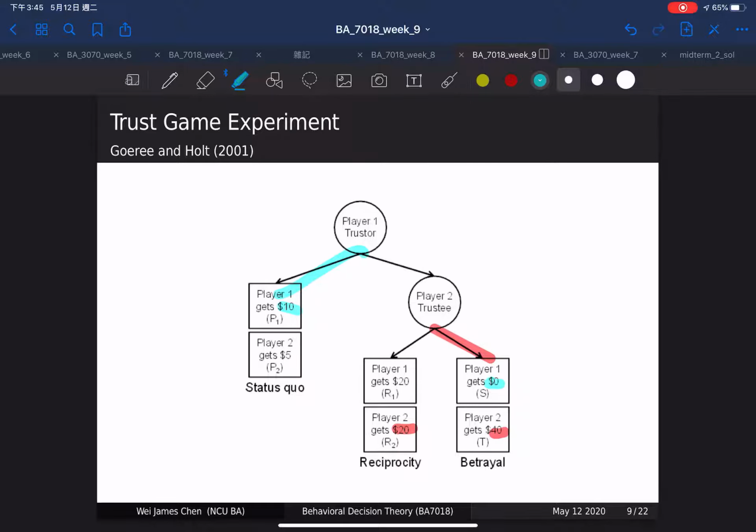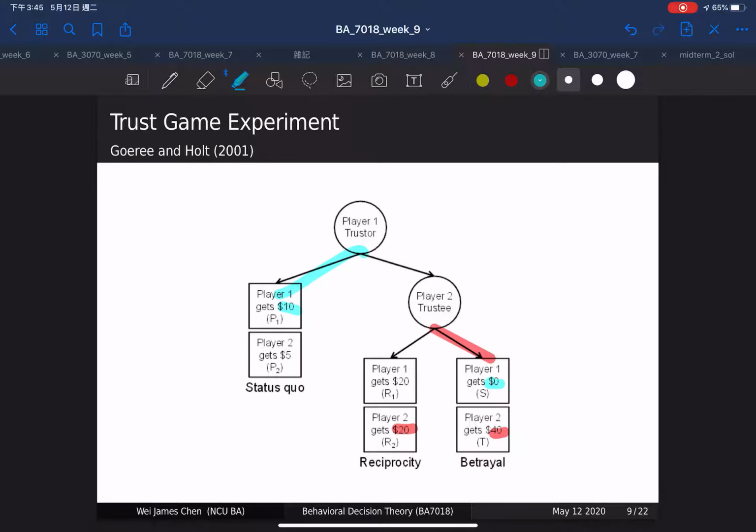And in the version you play, what's the theoretical prediction? You can choose any amount of money to invest. Again, backward deduction. You think about the responder first. No matter how much money the investor invests, what's the best response for the responder?